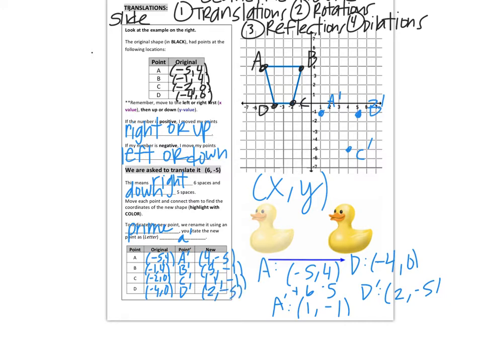So over 2, negative 5. So whichever method you prefer, you can use the addition, like I showed you here, or just counting the boxes, like here. 1, 2, 3, 4, 5, 6. 1, 2, 3, 4, 5. Next page.